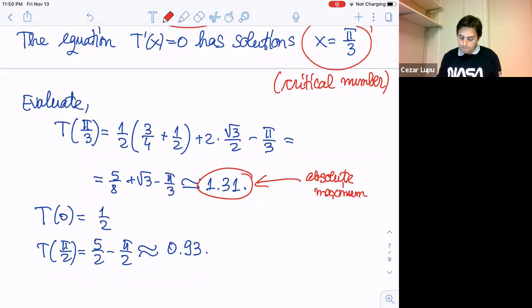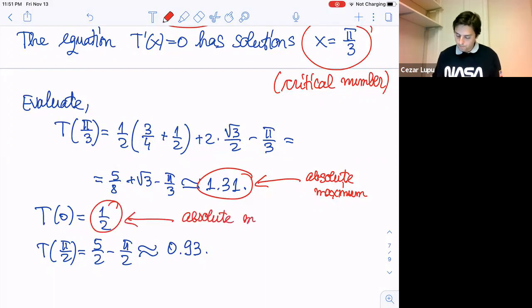And t of 0 is the absolute min. Okay, so this is how we solve the problem.